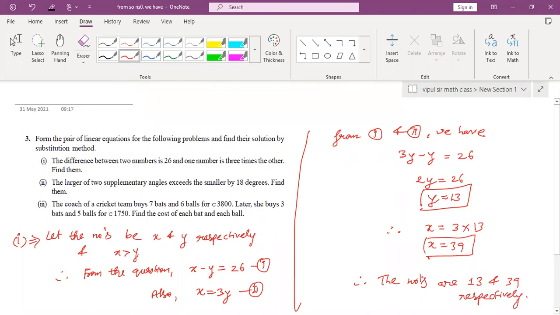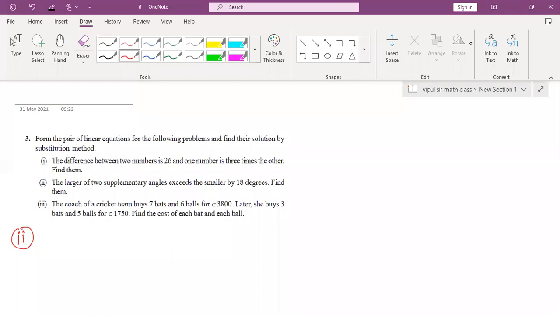Any confusion? Okay, just copy it, then we'll move to the next one. Question number 1 is completed.